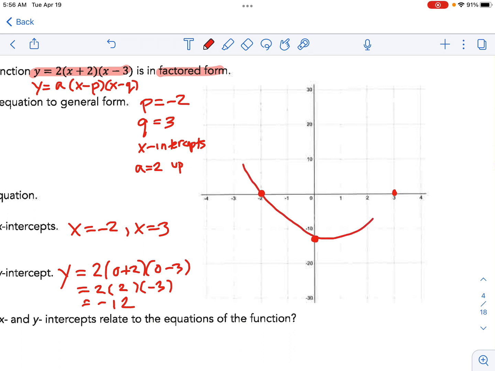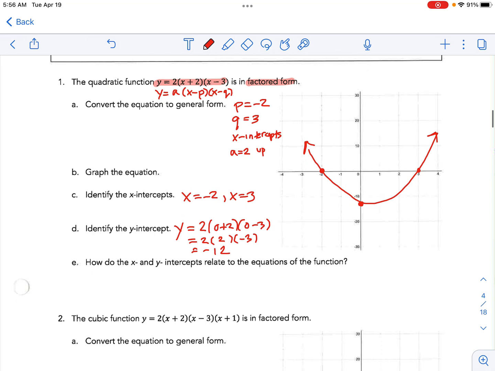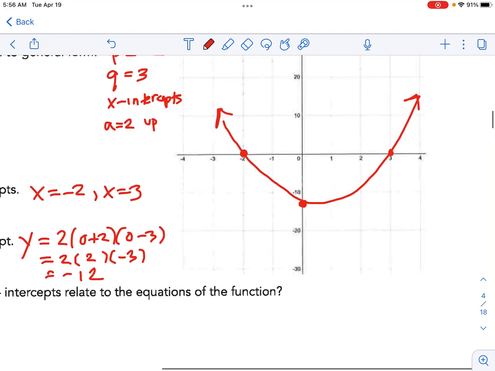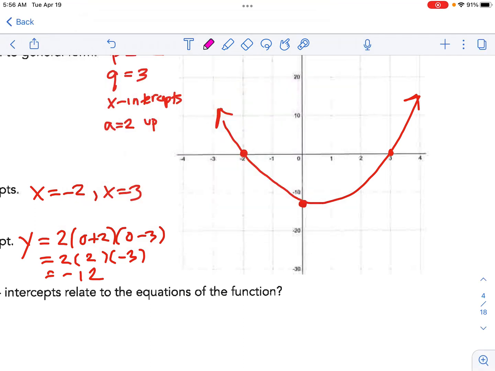So we have something that looks like this, roughly. It doesn't give us too much information. It doesn't tell us what the vertex is. We know the quadratic is symmetrical, so we could find where the vertex lies.